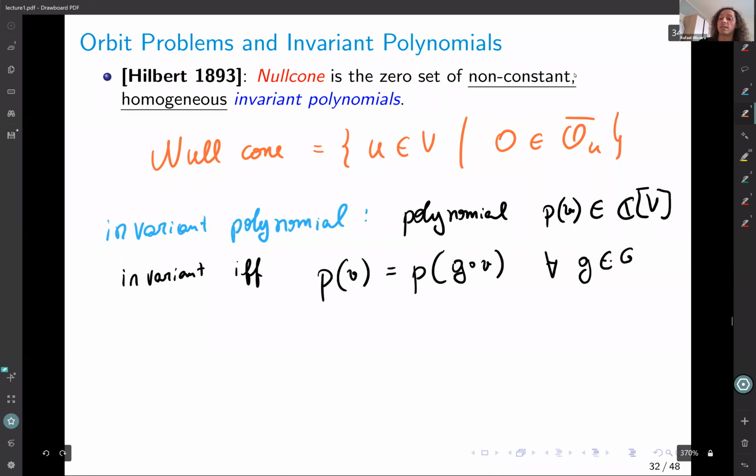And here's an exercise for you to check that you already know many invariants.